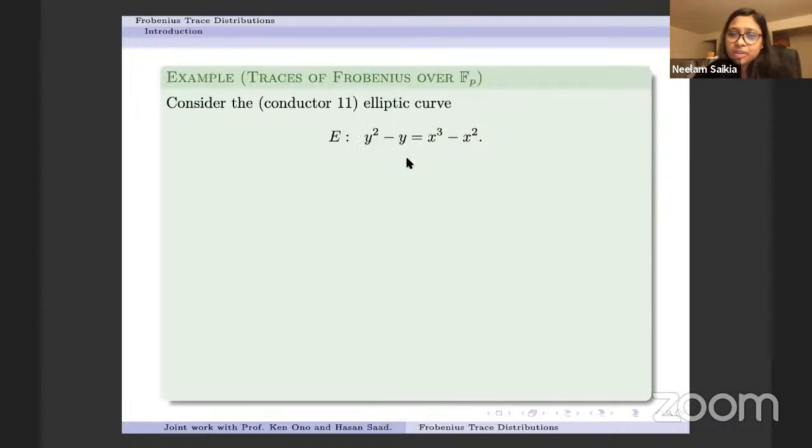First of all, to motivate you, we give an example of a theorem. This is a very famous theorem in arithmetic statistics. Before going to this theorem, we first give you an example.